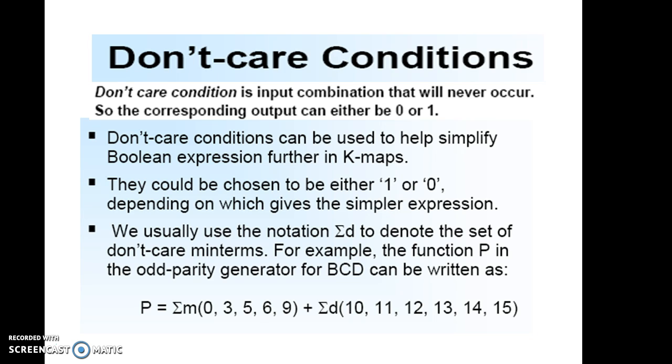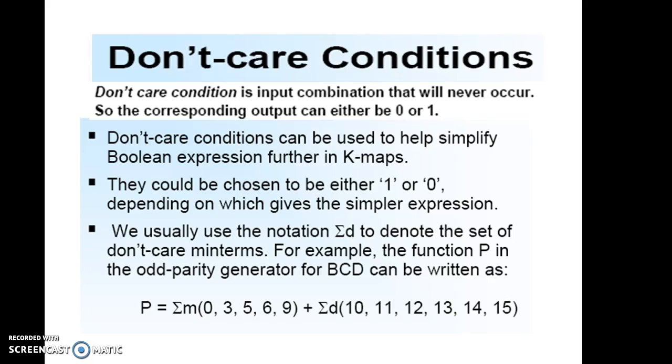It is an input combination that will never occur, so the corresponding output can be either 0 or 1. Don't care conditions can be used to simplify Boolean expressions further in K-maps. They can be chosen to be either 1 or 0, depending on which gives the simpler expression.